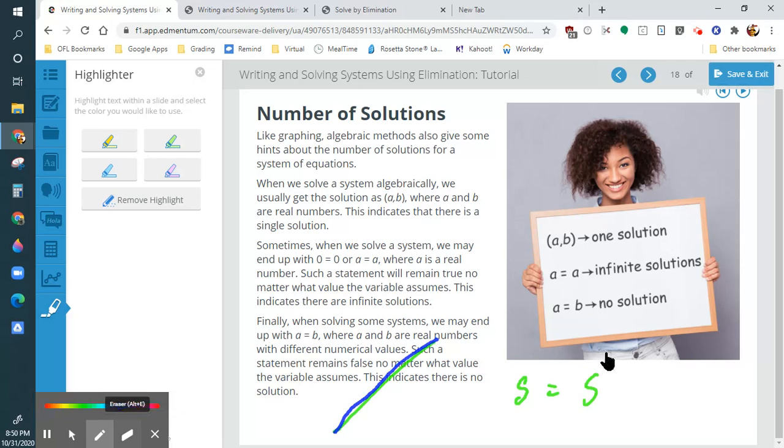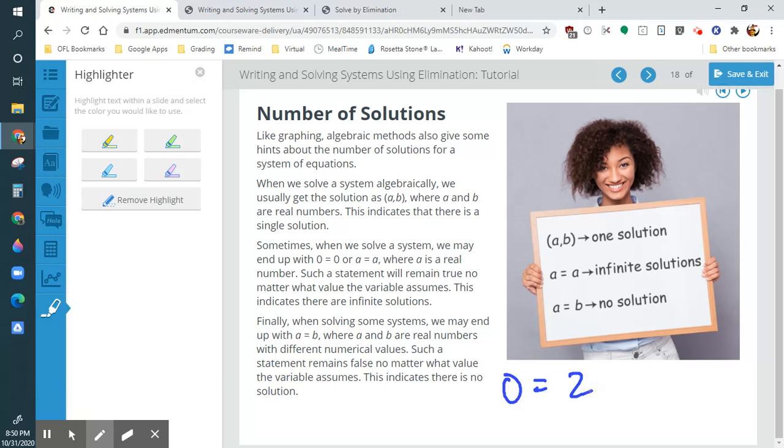Let's pretend I know how to draw. So that means that there are infinite number of solutions. If you end up with something like 0 equals 2, there's no solution. You should never get that. So these just represent like, hey, if you get an x and a y, you're good to go. They only cross one time.